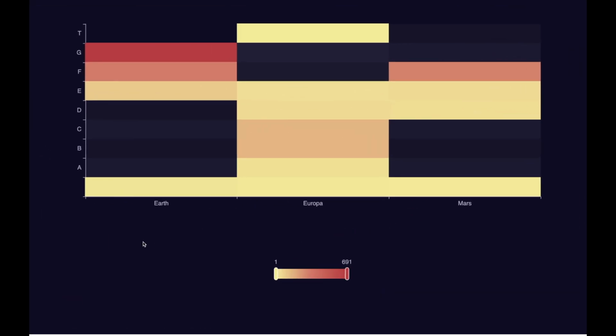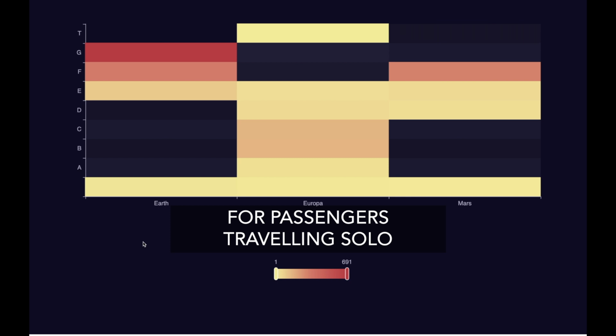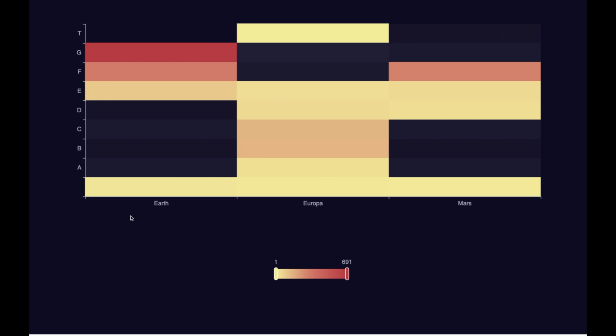Now let us also look into an interesting heat map for passengers who are traveling solo. Here on the x-axis we have the home planet, and on the y-axis you have the cabin. And this heat map shows that most of the passengers in the cabin G were from the home planet Earth. So we can use this logic to fill the missing values in the home planet for the solo passengers.